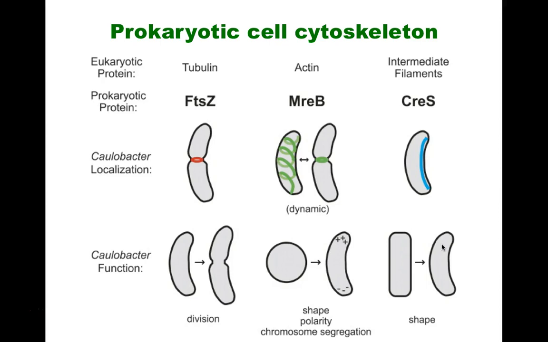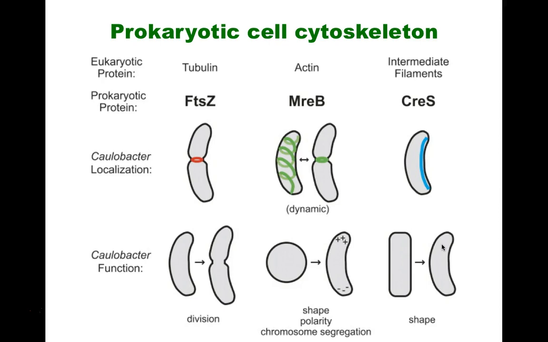The actin is also going to be used for structure, illustrated by the corkscrew green actin filament in the drawing, and also helping separate the 2 halves of the cell in cell division. And then the intermediate filaments give the cell some of its shape or outer surface.